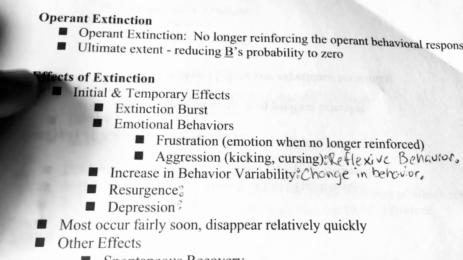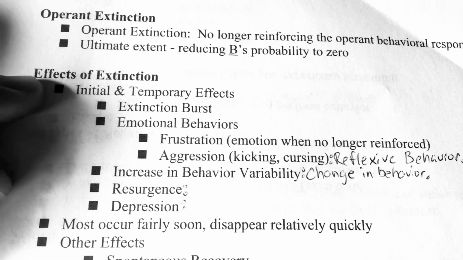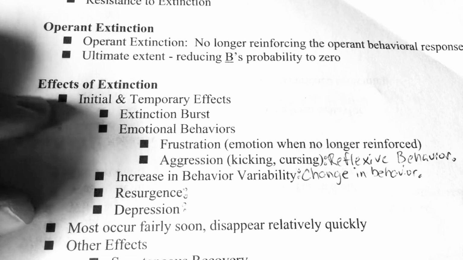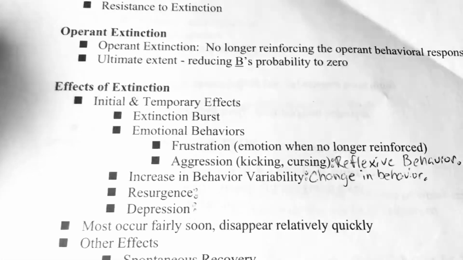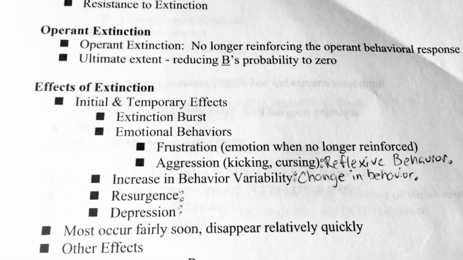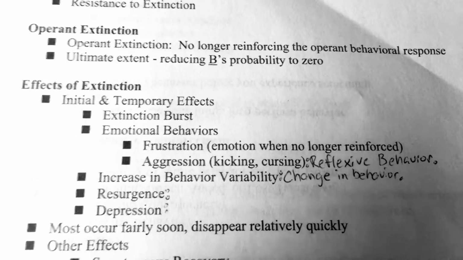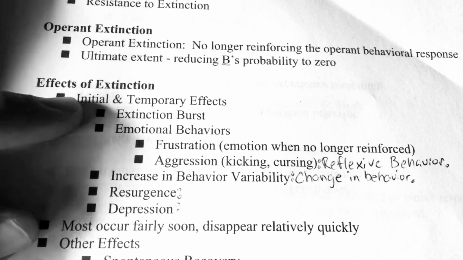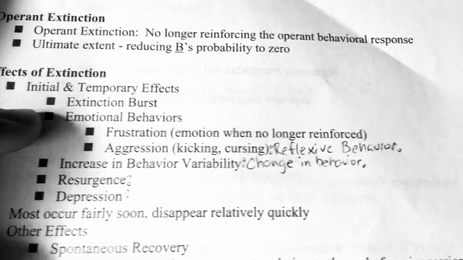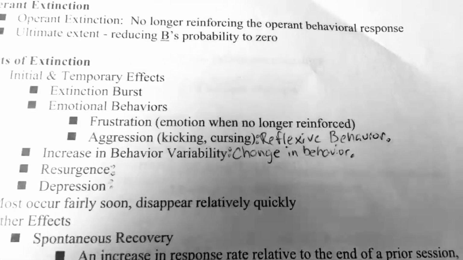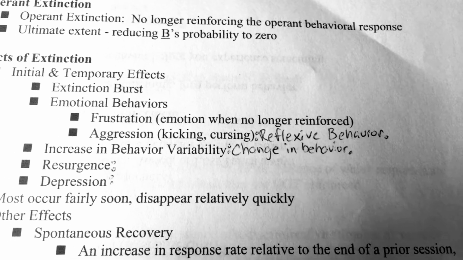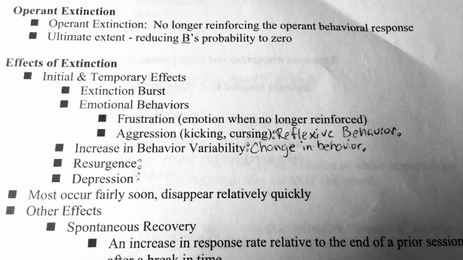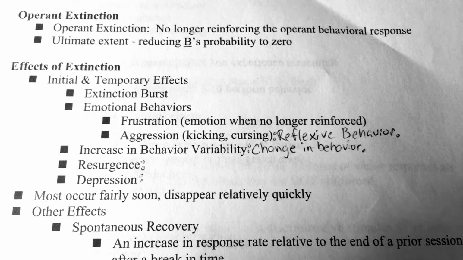There are initial and temporary effects to extinction. You need to understand that there are going to be behaviors that your subject or animal will create during the extinction process, such as extinction burst, emotional behaviors, and frustration, such as the emotion that you're going to have when you are using the extinction procedures.